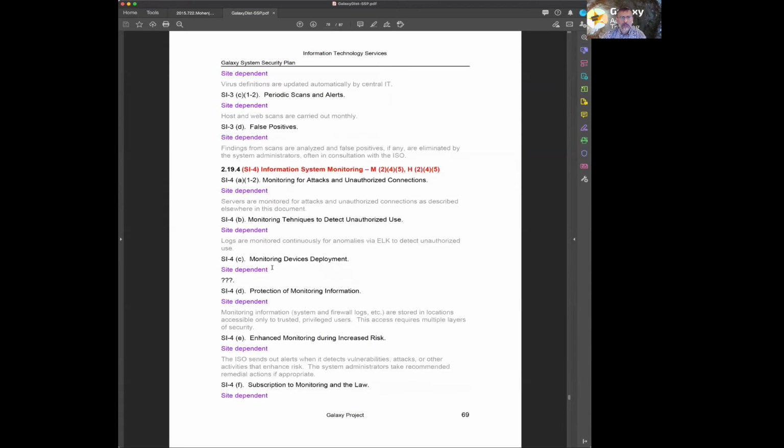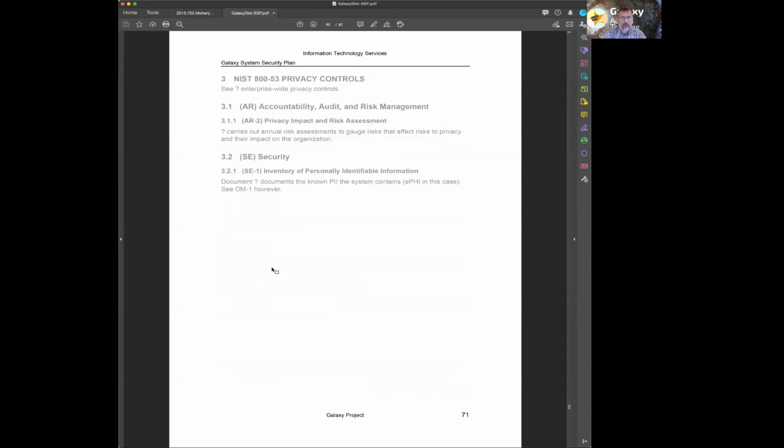So these are the control families and the controls in place. NIST 800-53 also has privacy controls, but we're not going to cover those.